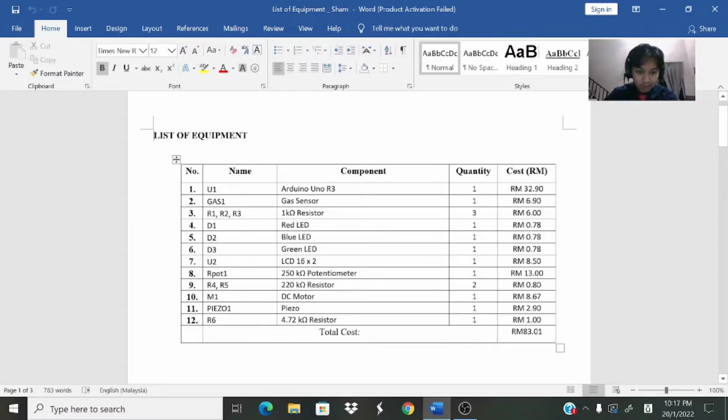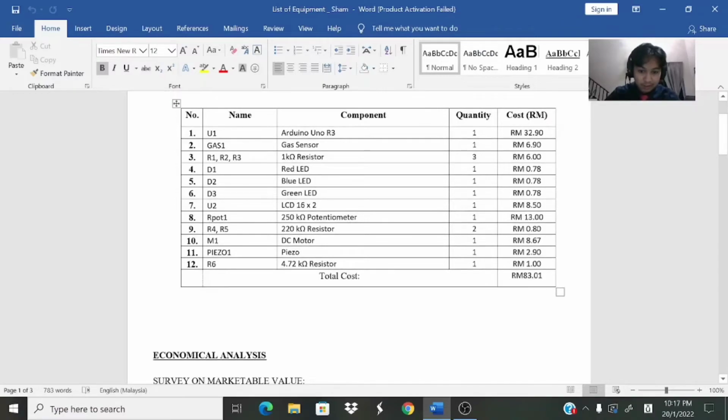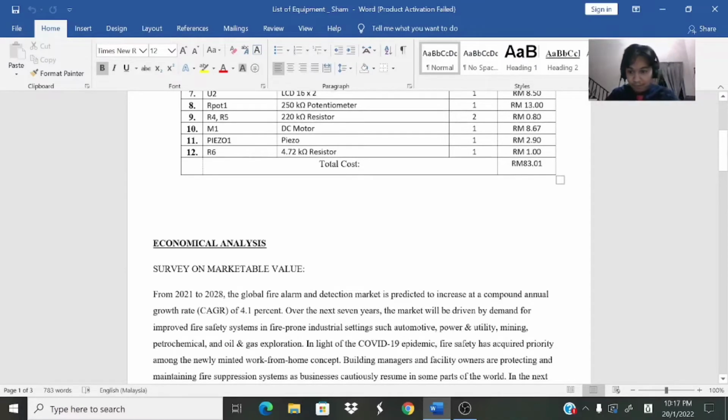So 6 ringgit we need to divide by 3, which is we get 2 ringgit for each 1 kilo ohm resistor. And then this is the final cost, which is the total cost of all the products we use to make our project. The total cost is 83 ringgit and 1 cent.